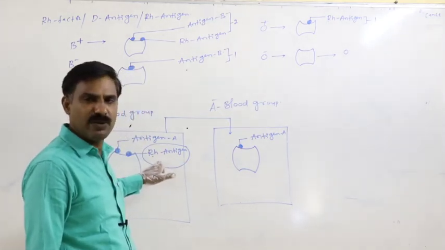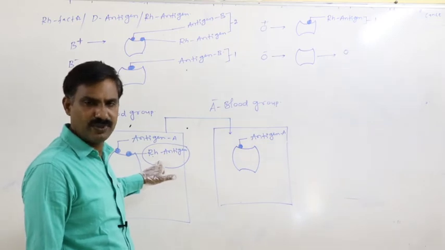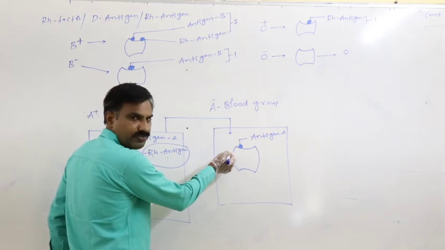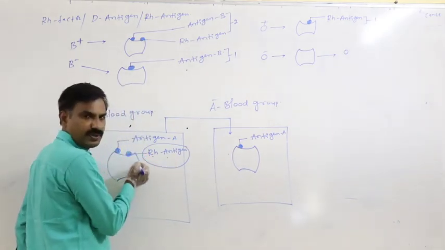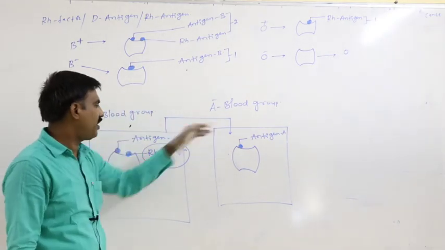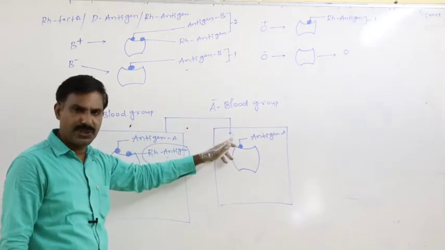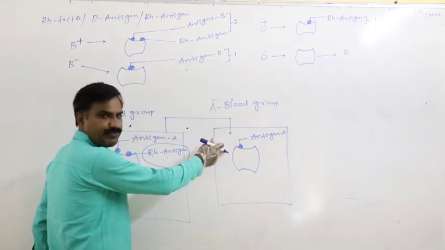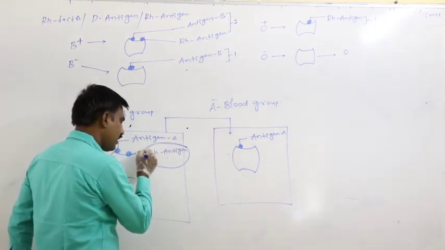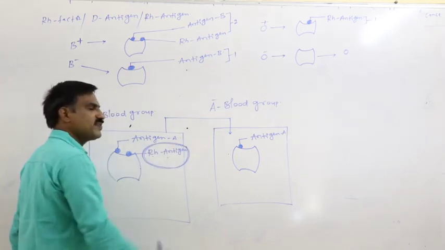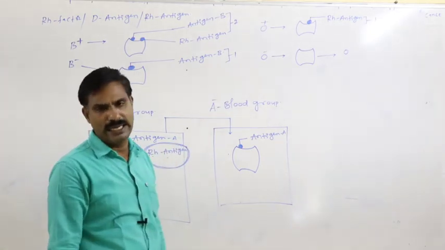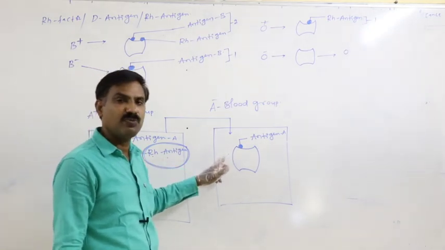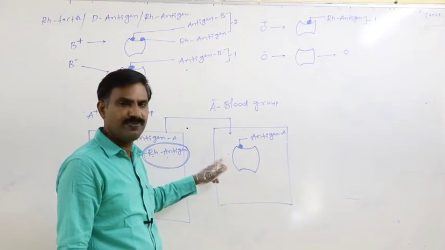Rh antigen is the foreign particle; Rh antigen is a protein. Definitely in the A negative person's body, this Rh antigen behaves as a foreign particle.